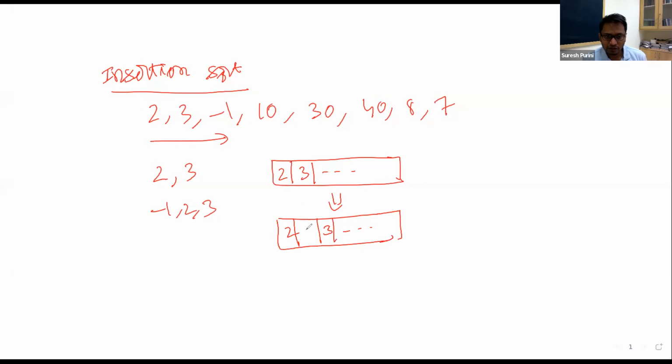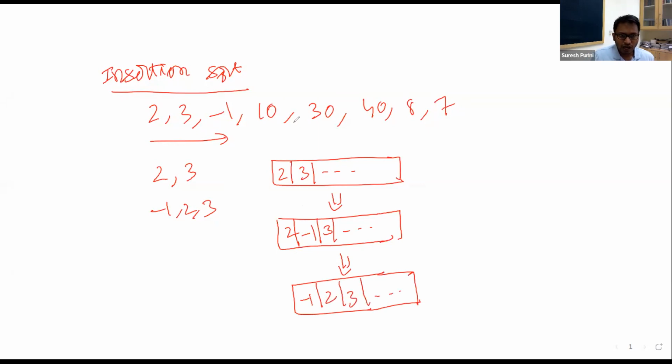You don't need to actually put -1 there yet. Then you compare -1 with 2, and -1 is less than 2, so you move 2 and put -1 here: -1, 2, 3. So now you read 10, you compare 10 with 3, so no problem.